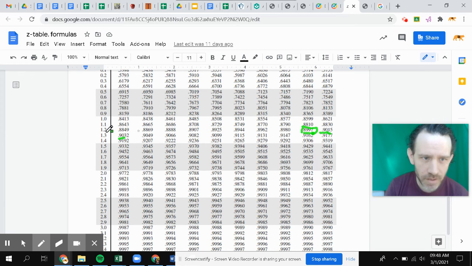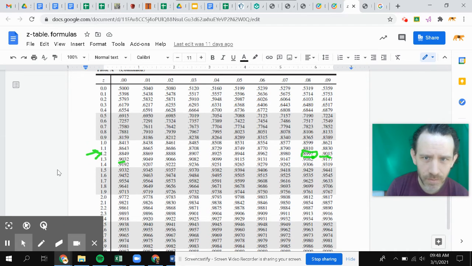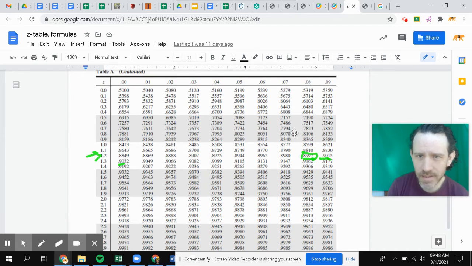Well, it starts at the 1.2. If I follow the line, it's right here. 1.2, and then I have to scroll up here to see what the second decimal place is, and that's an 8.